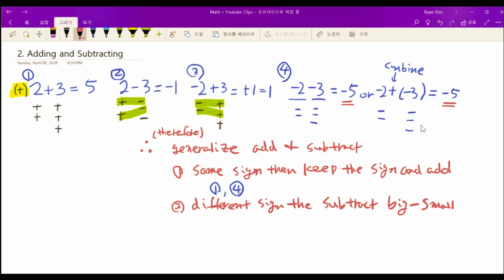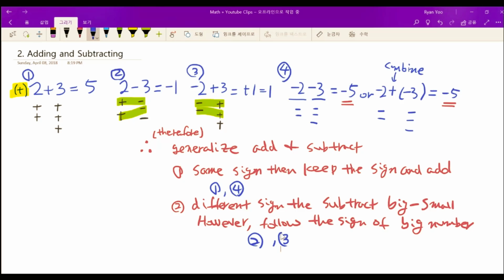However, follow the sign of big number. So that's the example of 2 and 3.